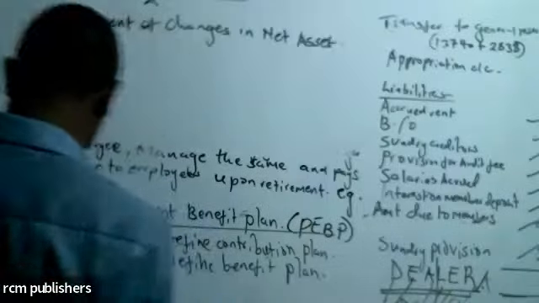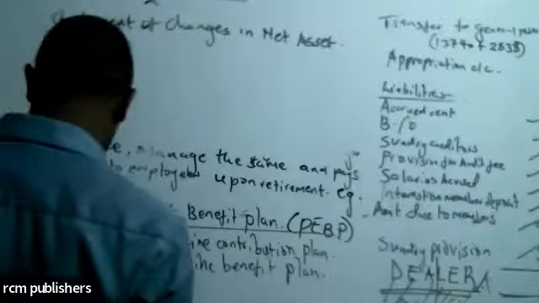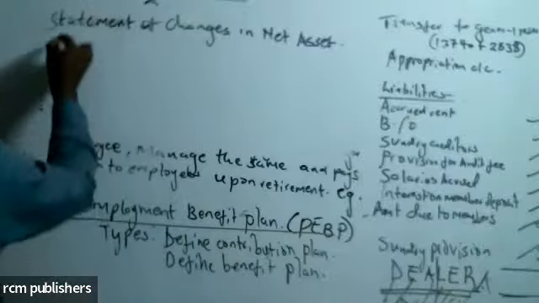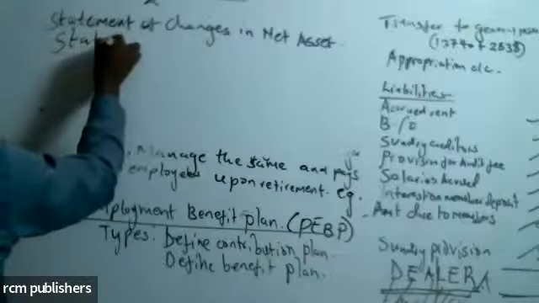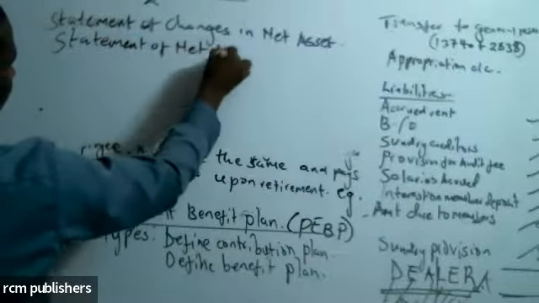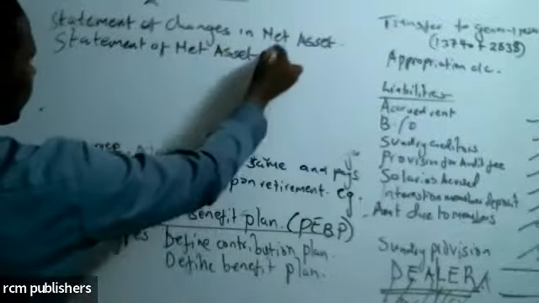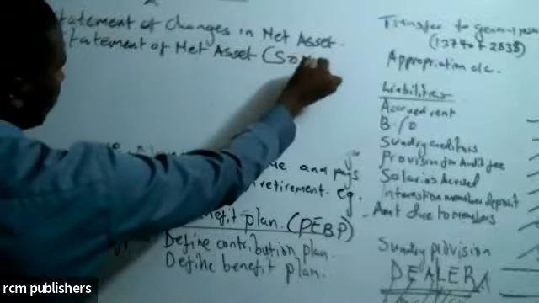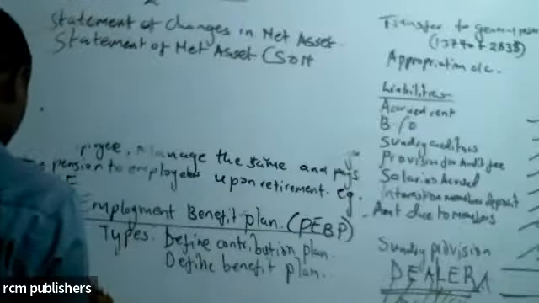The other one is the statement of net assets. So those are the two.